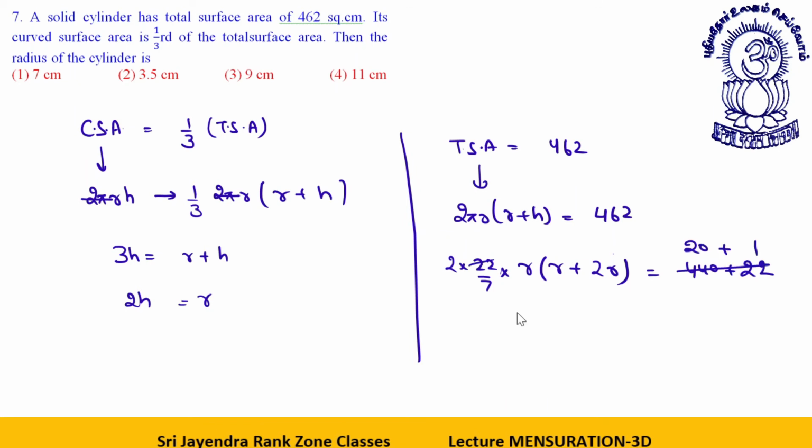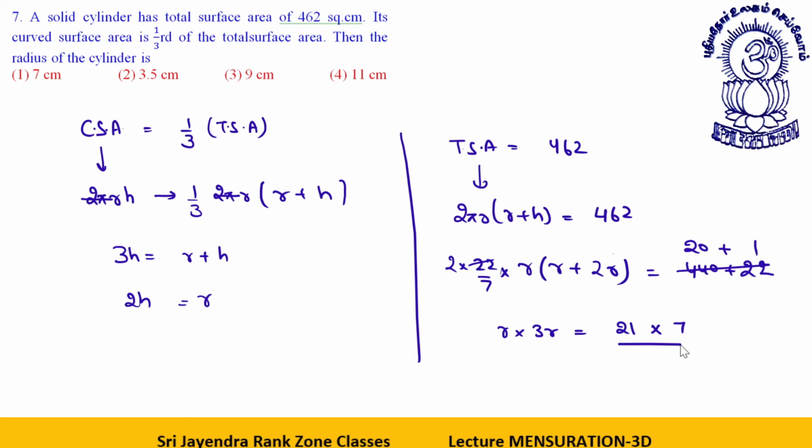So I get 2 by 7 r, or I can say r into 3r is equal to 21 into 7 by 2. This h is actually r by 2. So here h is equal to r by 2.